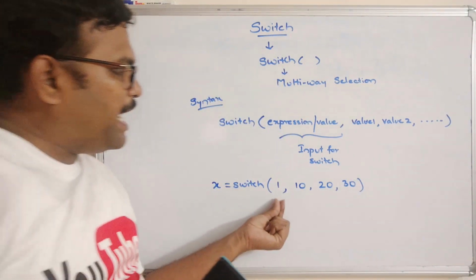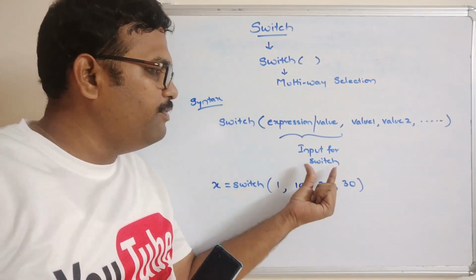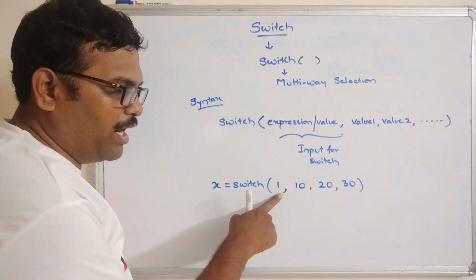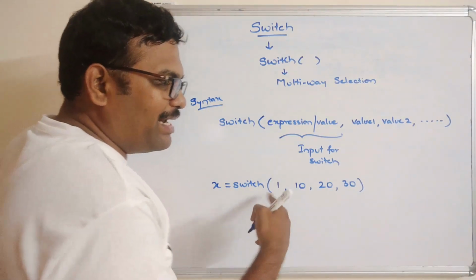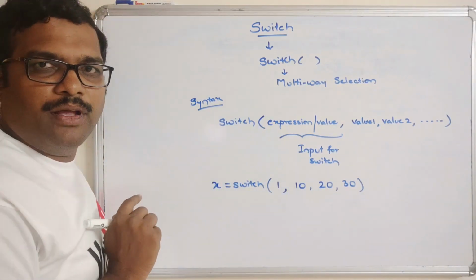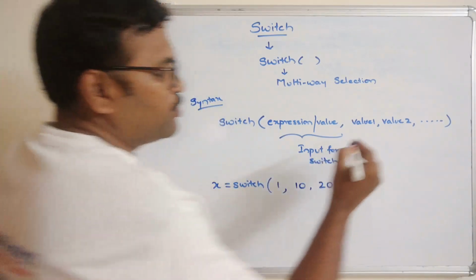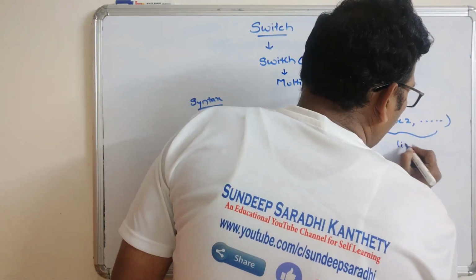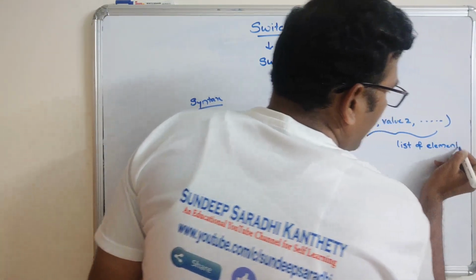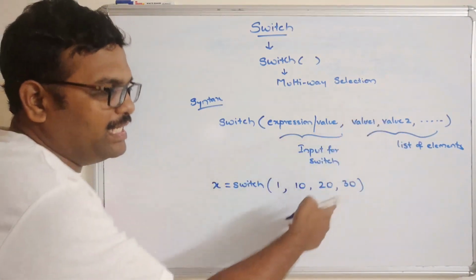The first parameter in the switch will always be the input, which is 1. Among the remaining list of elements, the element at that position will be returned. Switch will return the corresponding element of the value, so based upon the input, the corresponding element from the list will be returned.